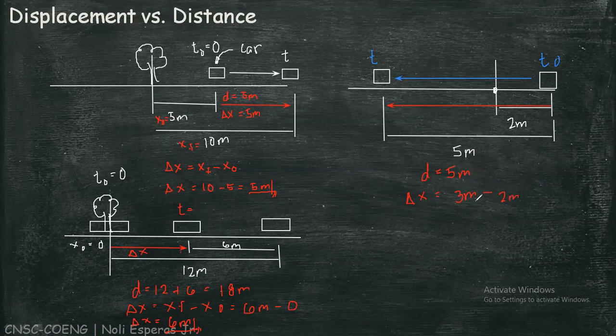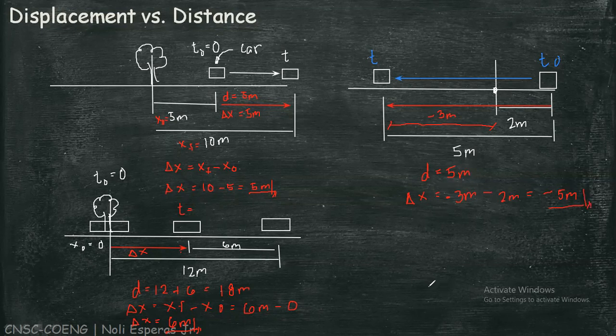But take note, 3 meter from the origin is negative 3, since its direction is to the left. Minus 2 meter, therefore our displacement is negative 5 meter.